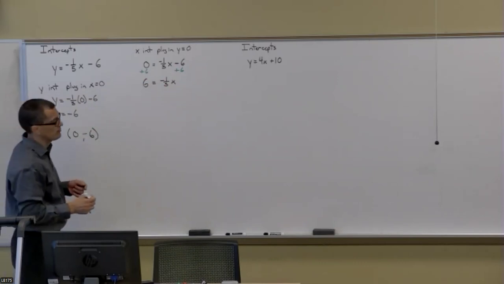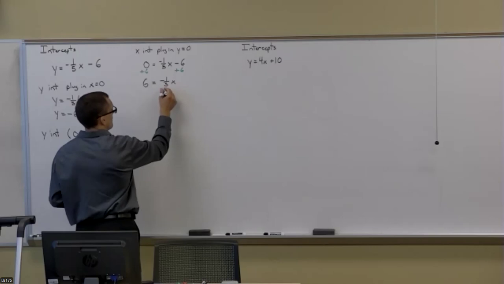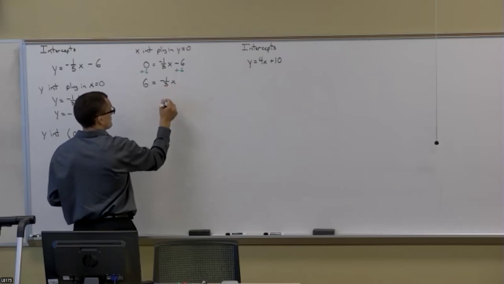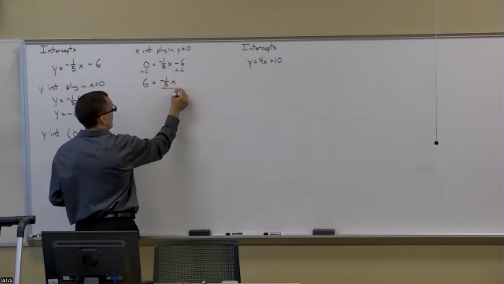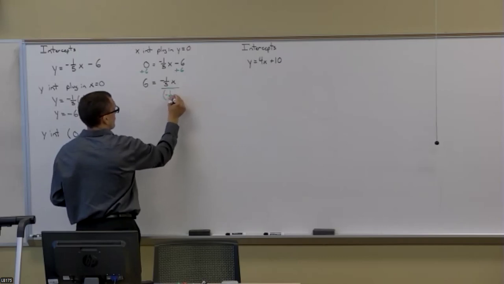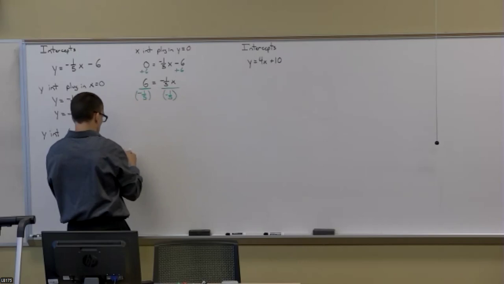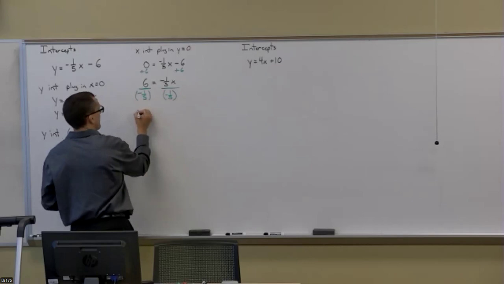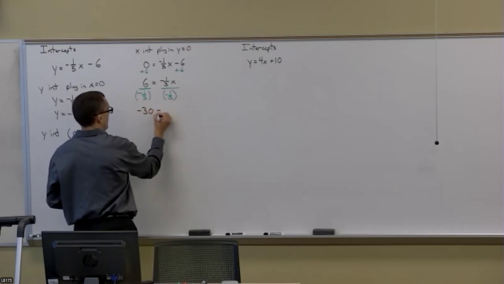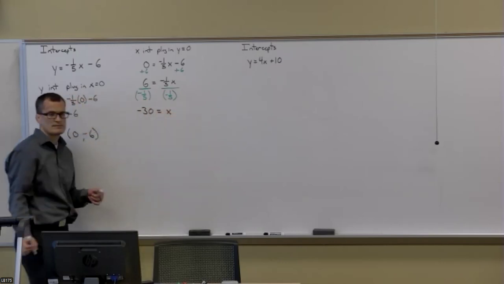So you can either multiply both sides by a -1/5, multiply both sides by -5, or divide both sides by -1/5. You should get a -30 as the value for x.